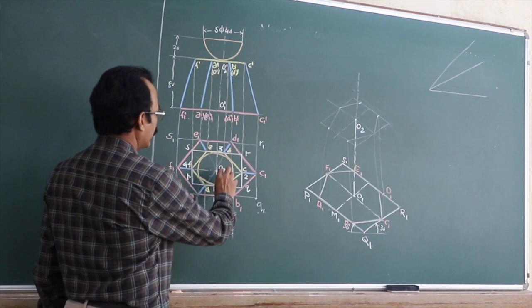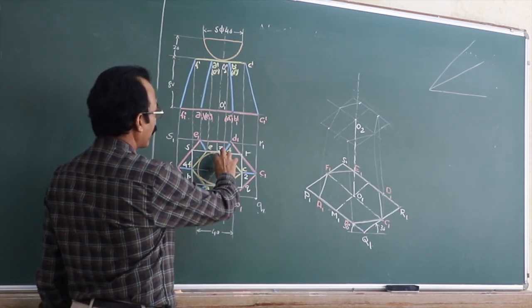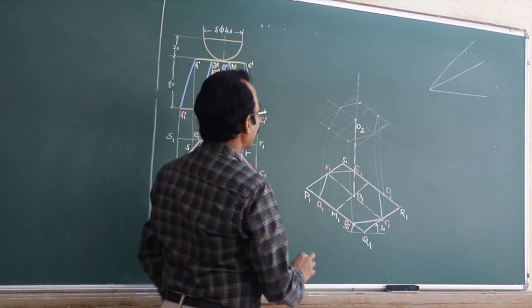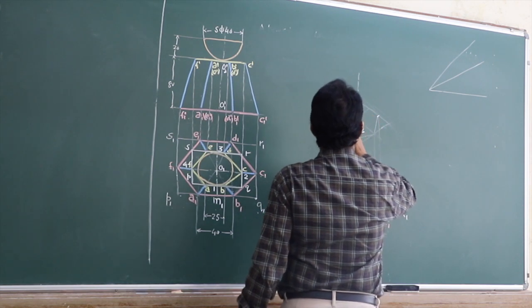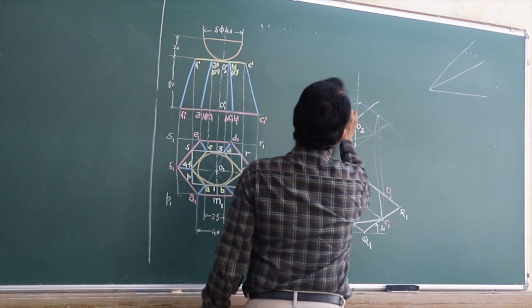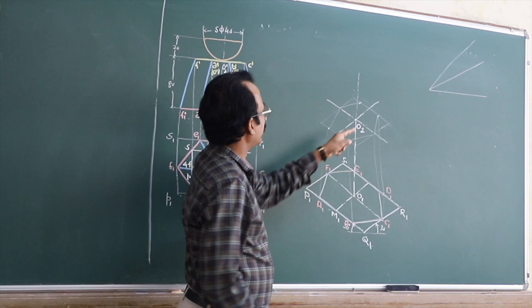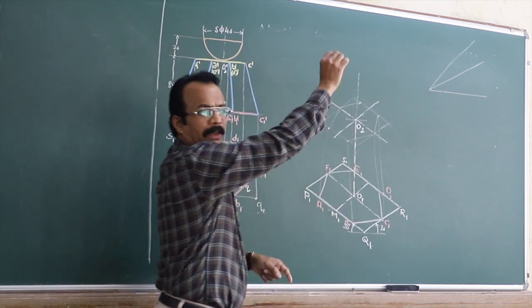So now you see, you take this distance O11 and O13 and get it converted there. Or before that, passing through this O2, draw two 30-degree lines here, right? I don't know the length, but I will draw two 30-degree lines. If you draw a horizontal here, 30, 30, two lines you draw there.